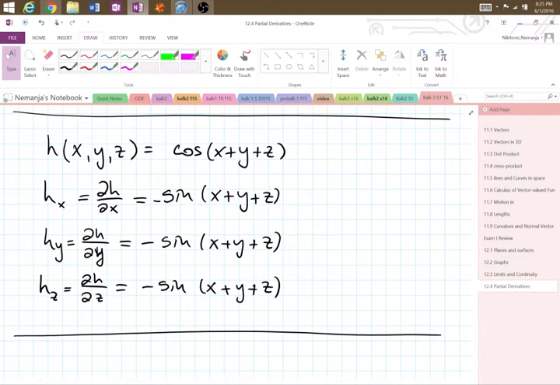So the chain rule should be applied to the argument of the cosine. So derivative of the cosine is negative sine, and that goes for all three. And you have to copy the argument, and then times the derivative of the argument. Now, for the first one, derivative of x is 1. And the second one, derivative of y is 1. The others are 0.